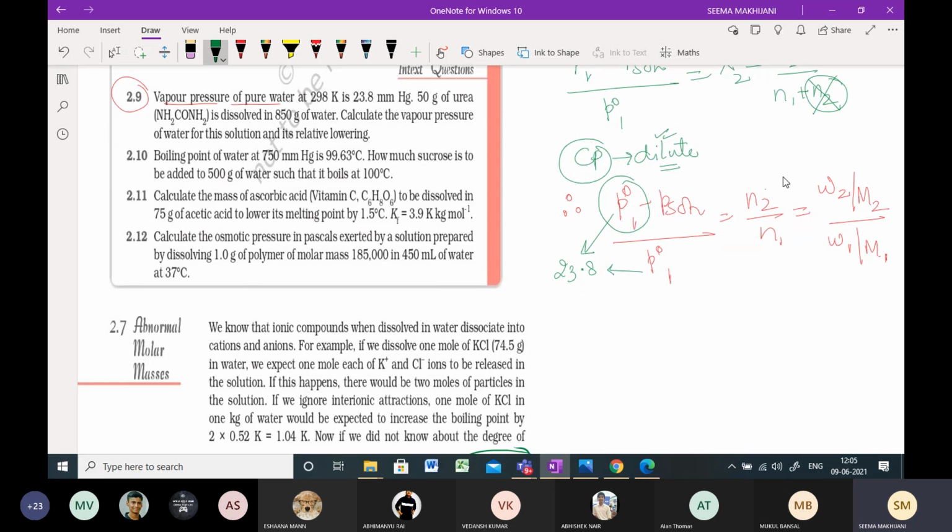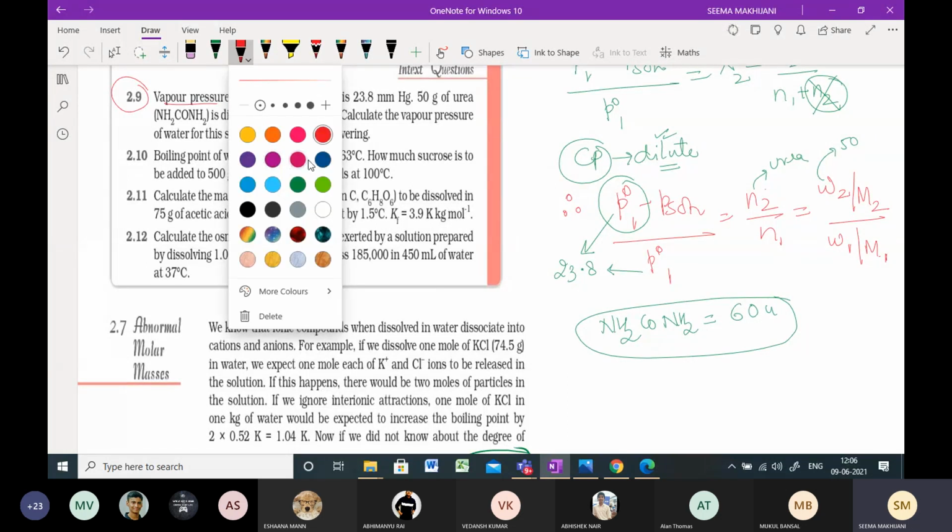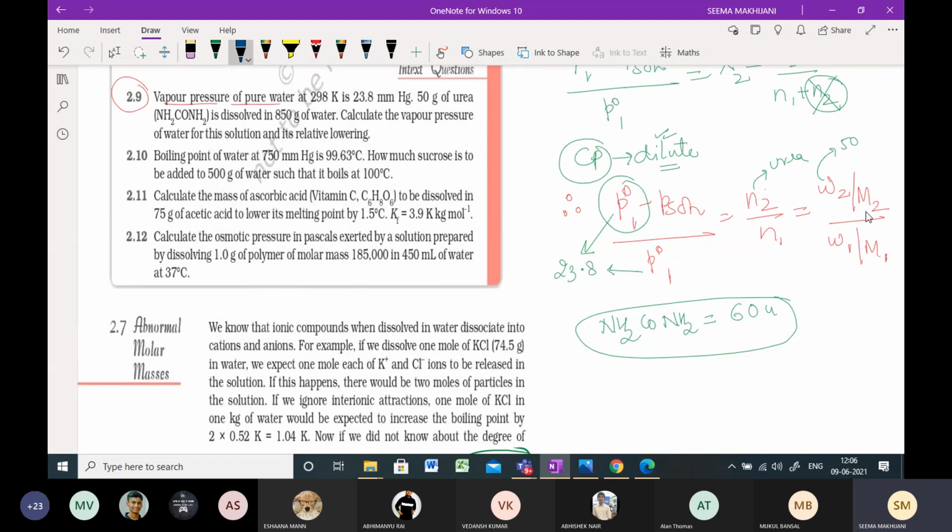50 grams of urea. So your solute is urea and 50 grams, so your W2 becomes 50 grams, the weight of solute. The molecular mass of urea is not given to you, so you will have to calculate it. Substituting the values, you will find the molecular mass is 60 u, and you can substitute this value of 60 in the formula, in the molecular mass of the solute.